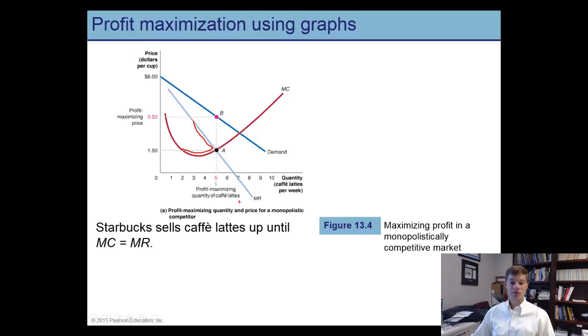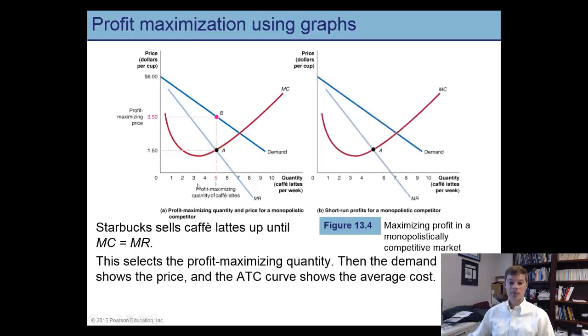For example, if the firm were to produce 7 units of output, then it would be reducing its profit by producing unprofitable units. That's because units beyond 5 have a marginal cost, indicated by the height of the marginal cost curve, that is greater than the revenue they bring into the firm, represented by the height of the marginal revenue curve. Next, let's look at profits.